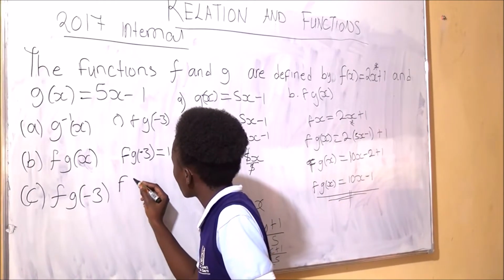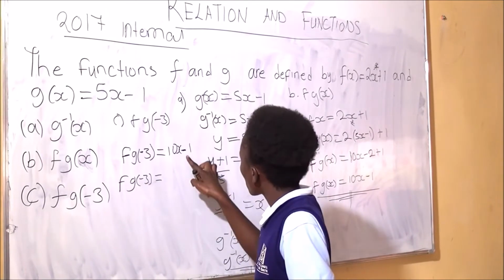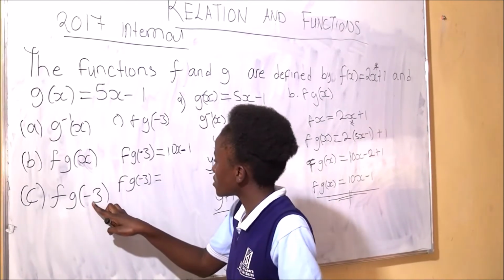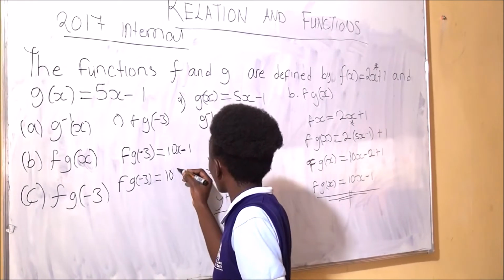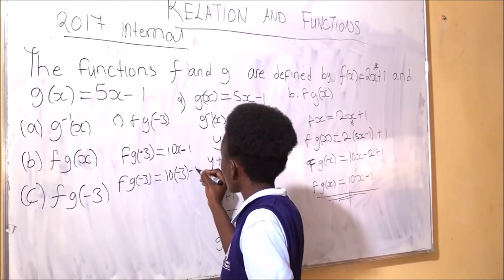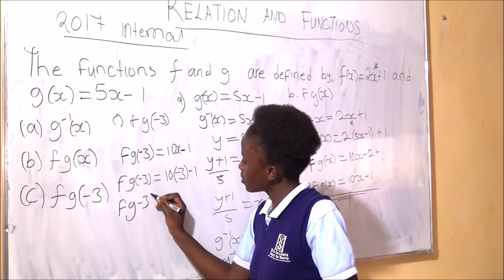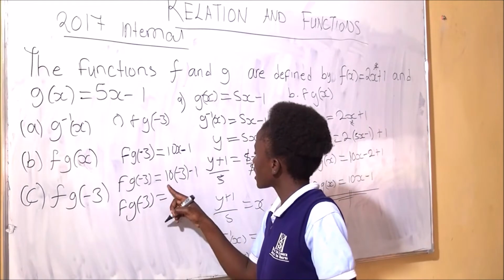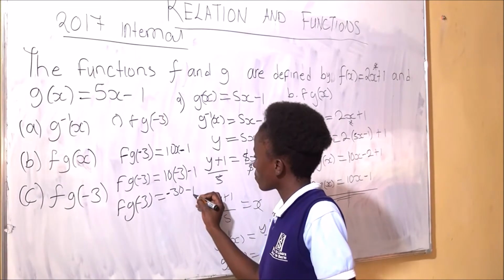Then f of g of negative 3 will be equal to 10 times negative 3 minus 1, which is negative 30 minus 1.